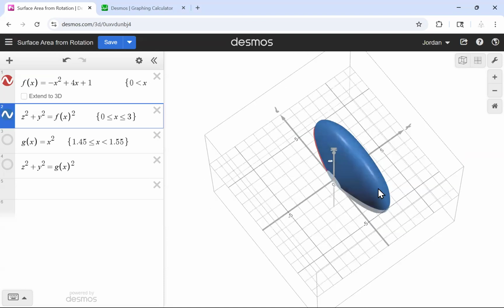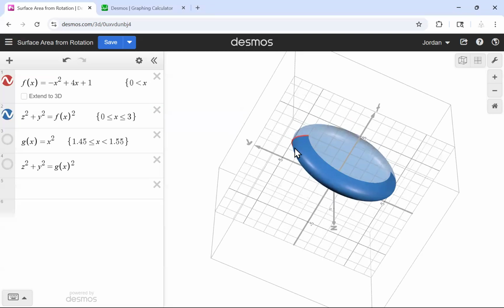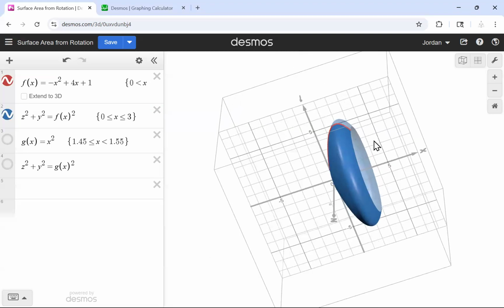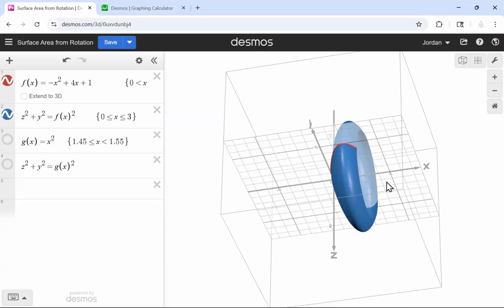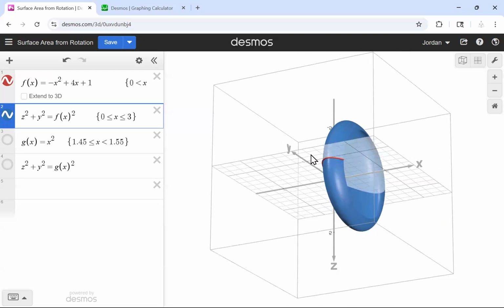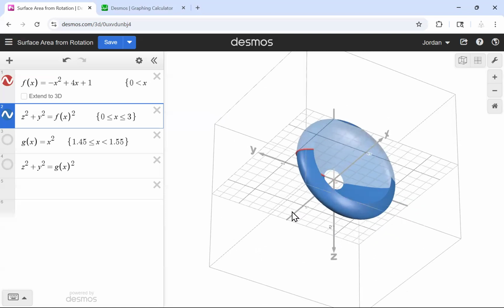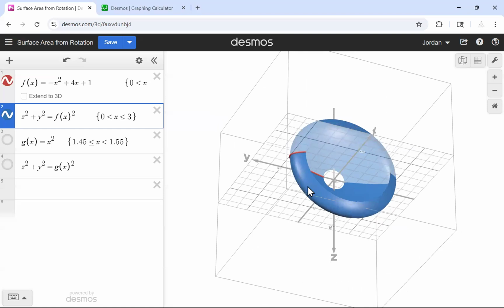That's what we have created, and we're saying the surface area of that is about 135.41. Again, hard to see, but that's what it is.